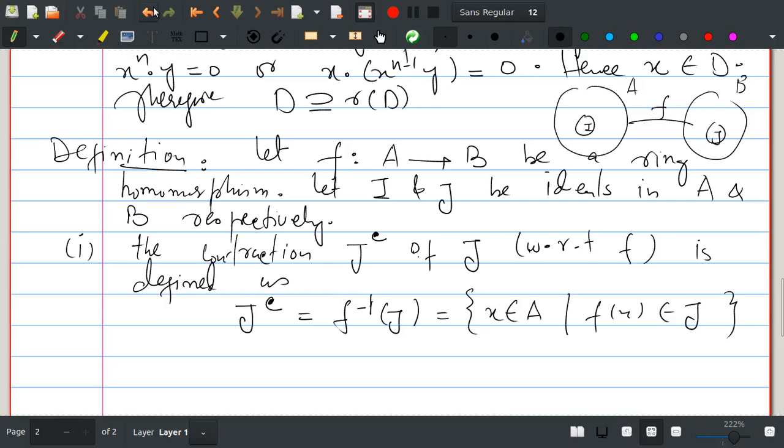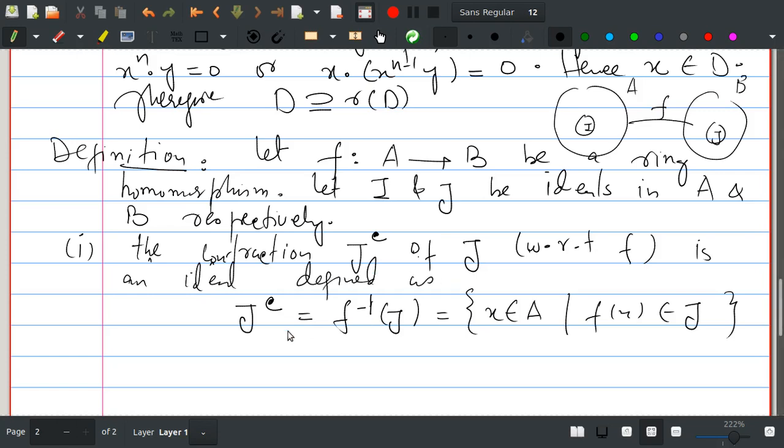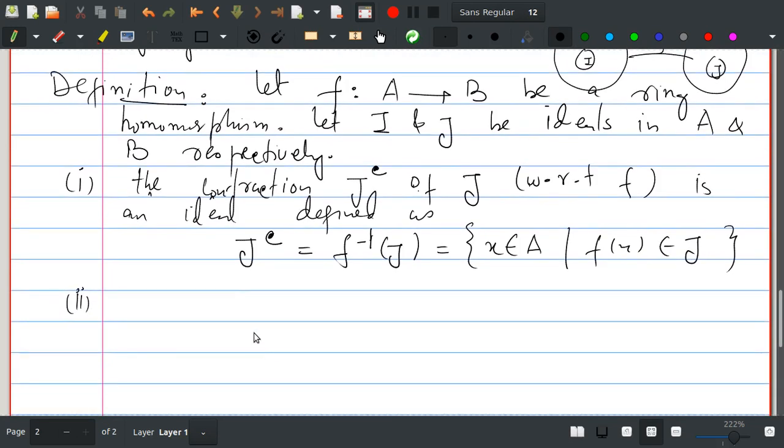So let us write this down here. So this is an ideal defined as this thing. Now if we have an ideal I, then its image need not be an ideal in B unless this f is a surjection. So let us now define the extension.